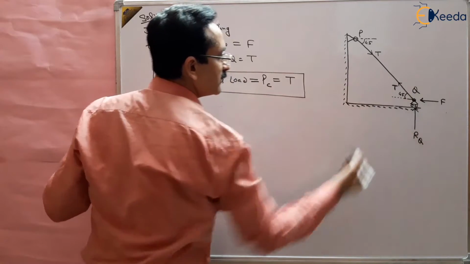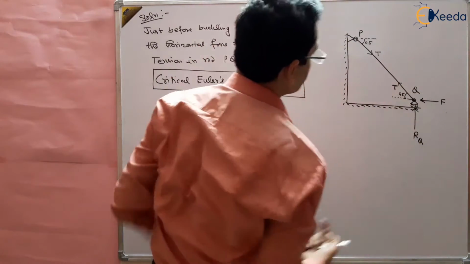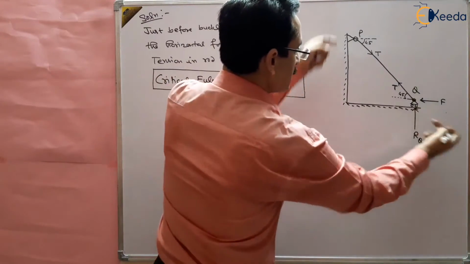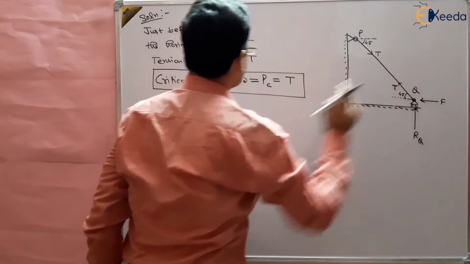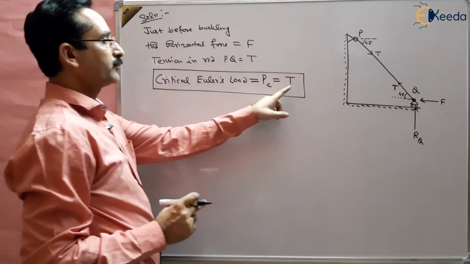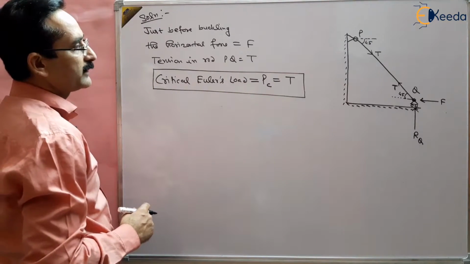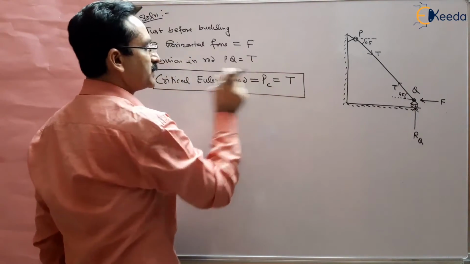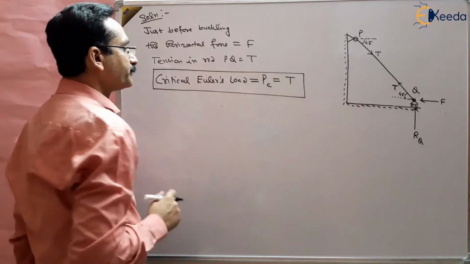Buckling takes place due to this tension T, and the horizontal force at that moment was F. We have to find F, but before that we have to find PC, that is T, and the relation between T and F.